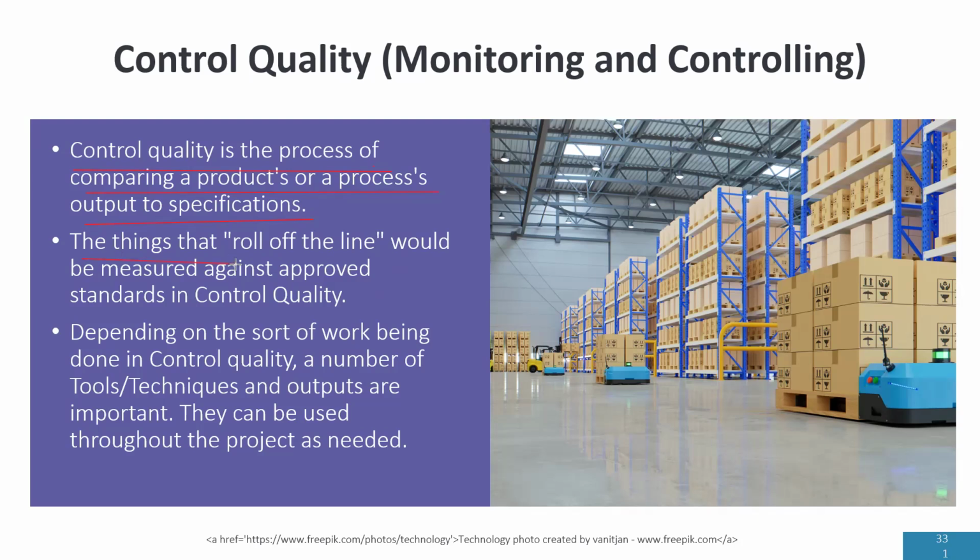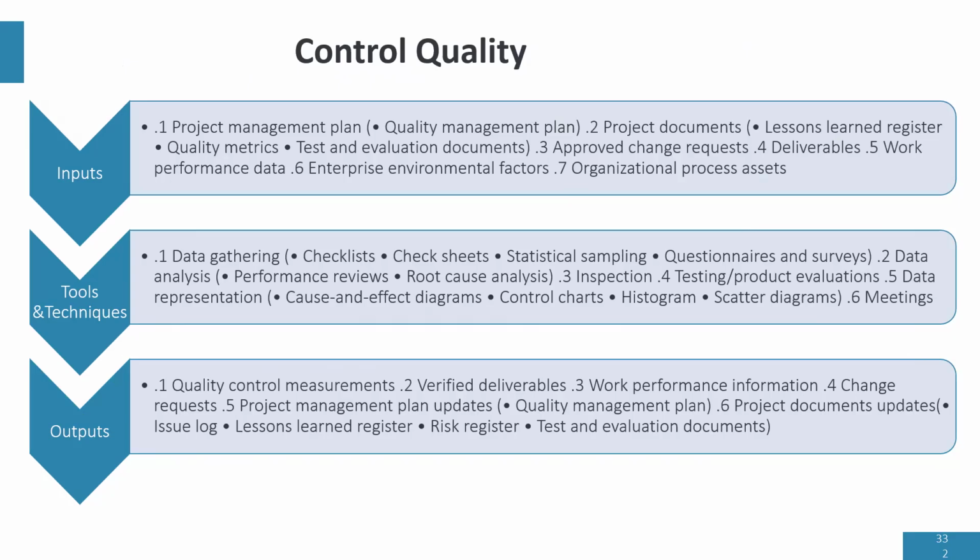This is where things roll off the line and they are measured against approved standards. To summarize, what control quality is saying is that the final product is tested against specification. And that's exactly what we're doing.